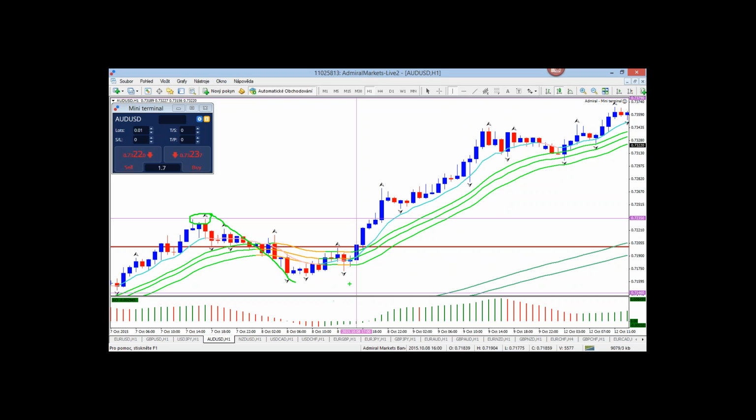I put the stop loss probably below this, and I exited somewhere here. So smooth sailing, as you can see. No heavy pullbacks, no rough times, a good journey, and a nice exit.